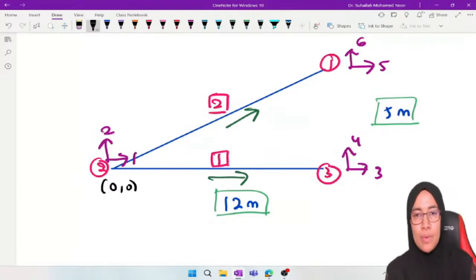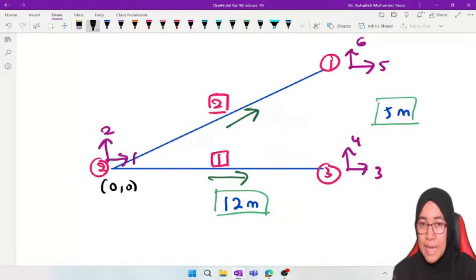Normally when we choose the origin, we make sure that we get all positive coordinates. For example, if we choose 1 as origin, we will get negative coordinates for 2 and 3.